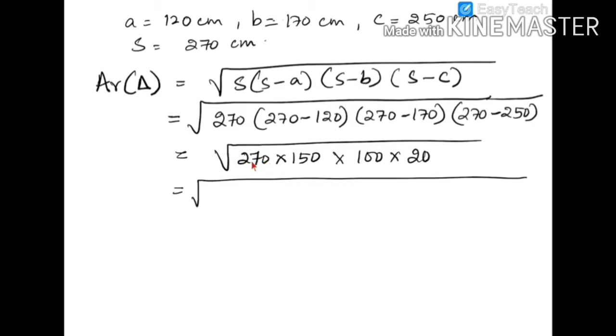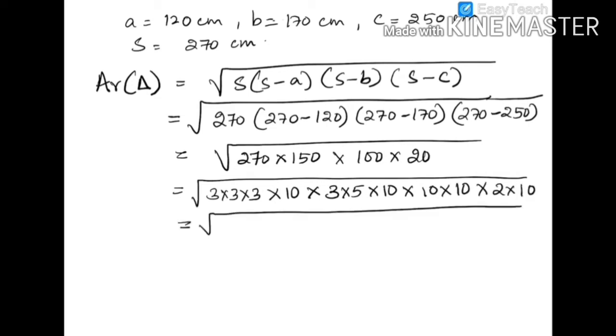And 27 can be written as 3 into 3 into 3. So further, the factor is 10 into 150 can be written as 3 into 5 into 10. 100 we will write as 10 into 10 and 20 as 2 into 10.